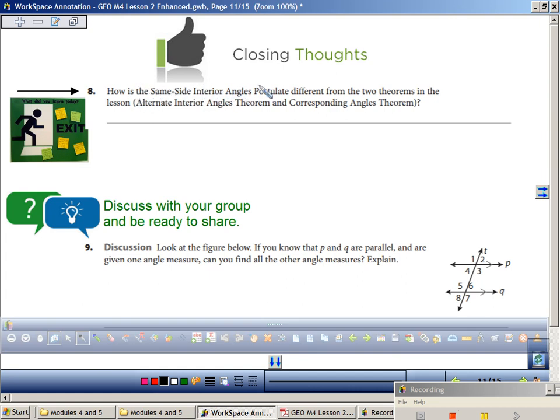How is the same side interior angles postulate different from the other two theorems we talked about, alternate interior and corresponding? How is same side interior different from alternate interior and corresponding?